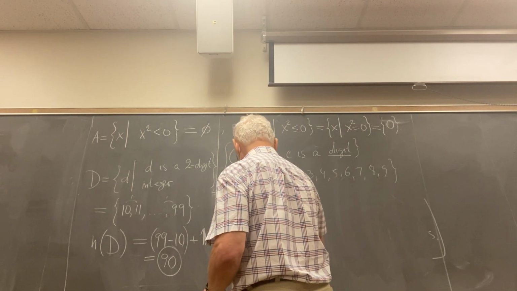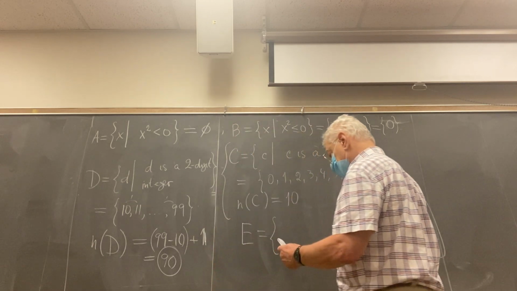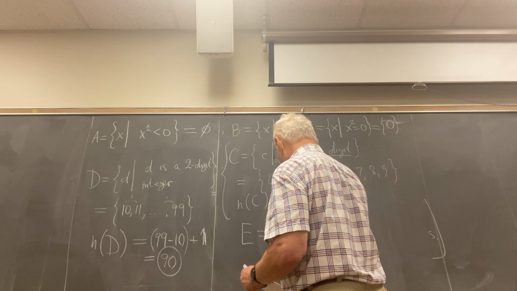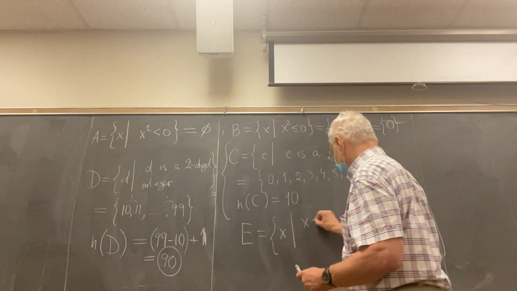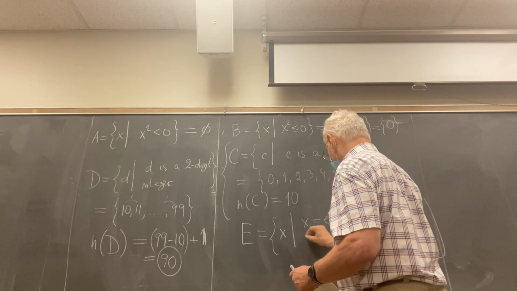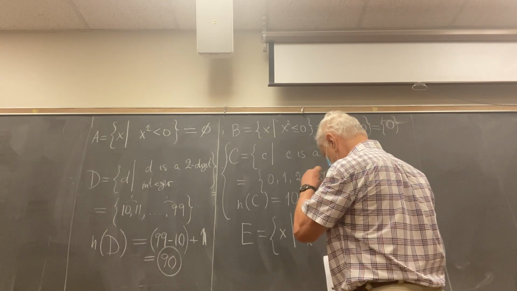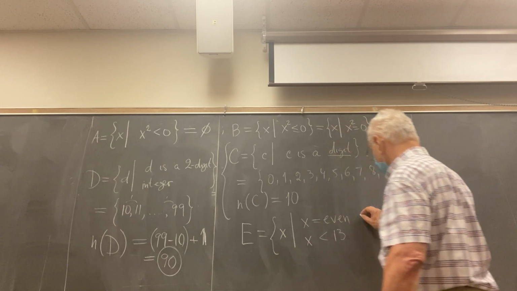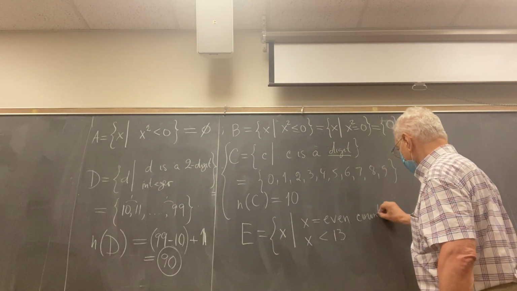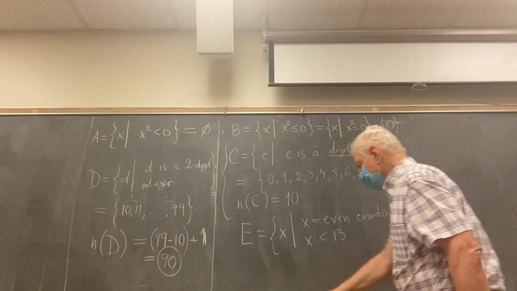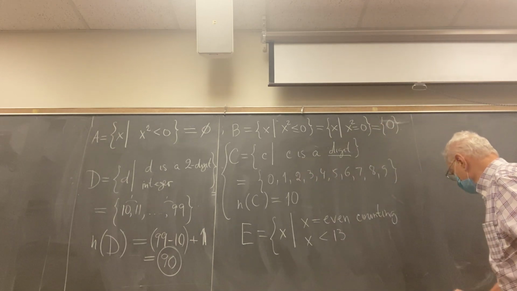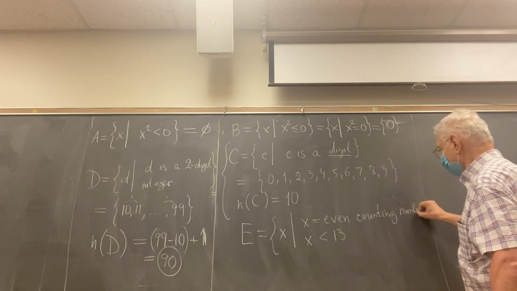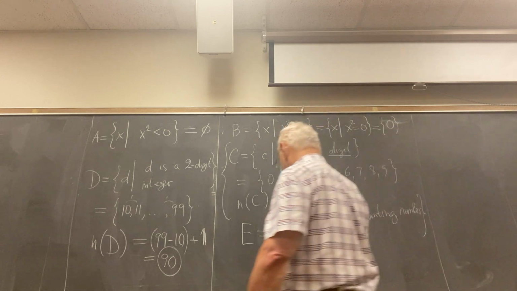E is the set of all x such that x is an even counting number and x is less than 13. What is that?